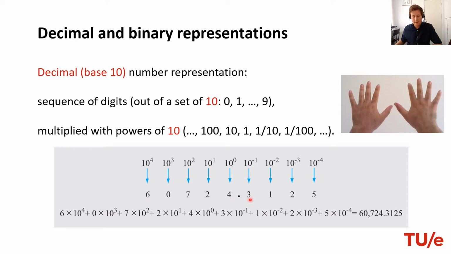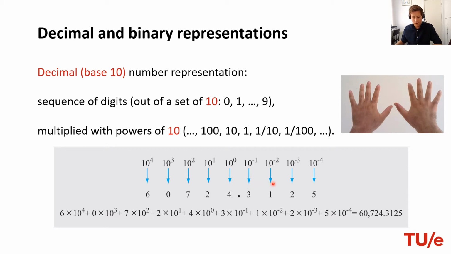And then to the right of the decimal point, we have a very similar way, except now the powers of 10 are negative. So the first digit right of the decimal point is multiplied with 10 to the power minus 1. So that's 3 times 0.1, so this is 3/10.